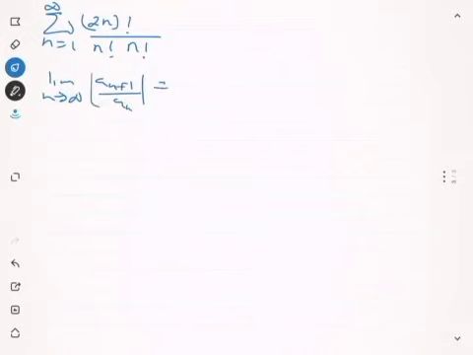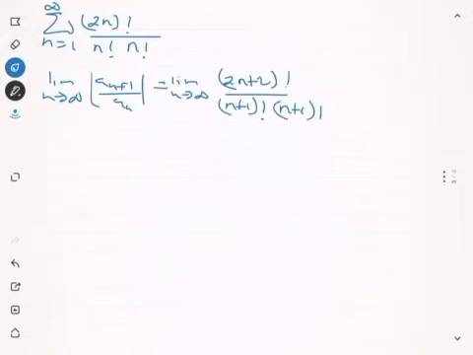and as the value, this is the limit as n approaches infinity of 2n plus 2 factorial, that's by putting n plus 1 for n, divided by n plus 1 factorial, n plus 1 factorial, times n factorial, divided by 2n factorial.